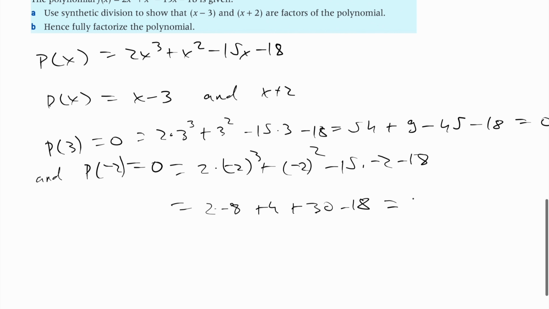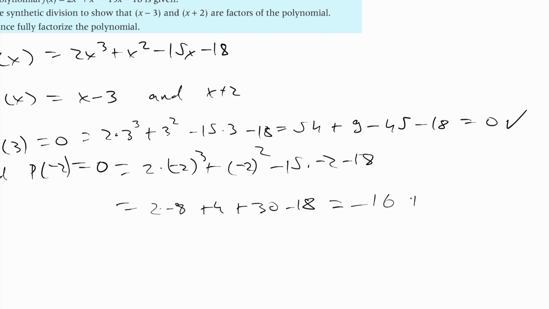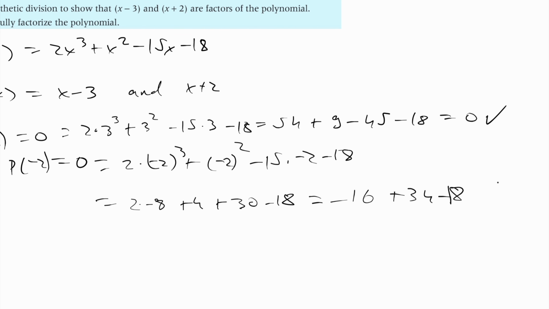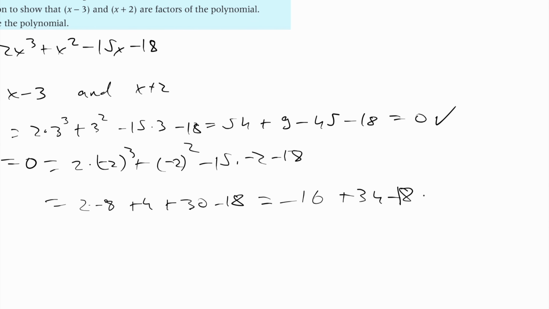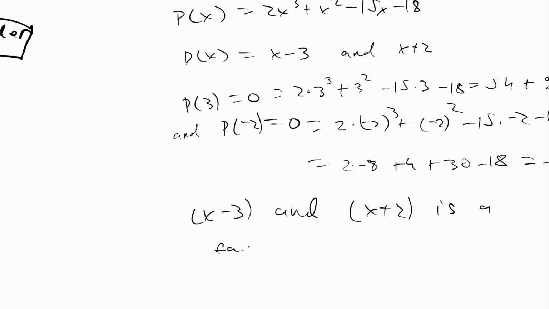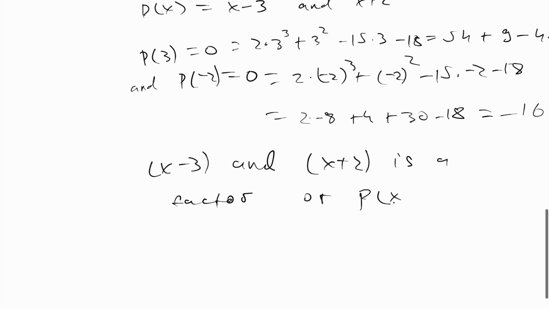That's negative 16 plus 34 minus 18, and this is equal to 0. So it is true. We can happily say that x minus 3 and x plus 2 are factors of our P of x, right?